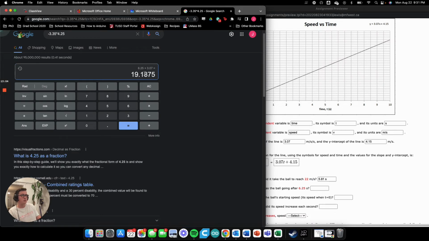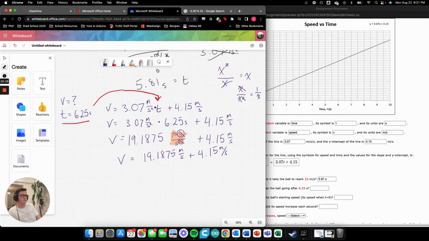19.1875. And remember, I don't round because this is not a final answer yet. You only round final answers. We're going to add that to 4.15. We got 22.3375. Equals v.